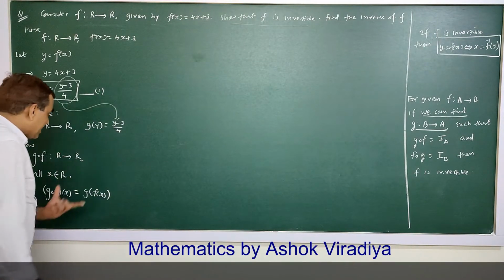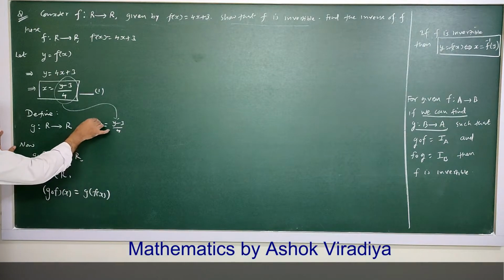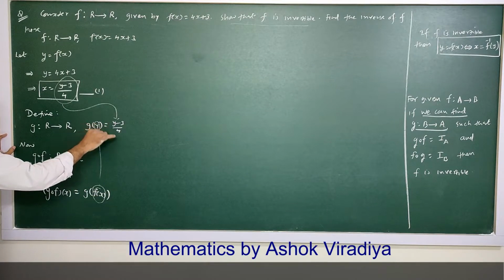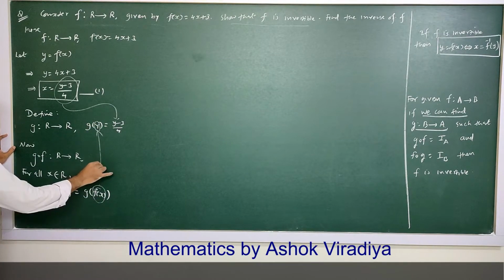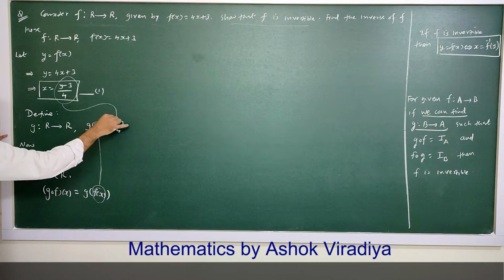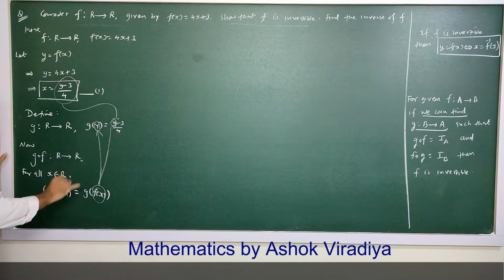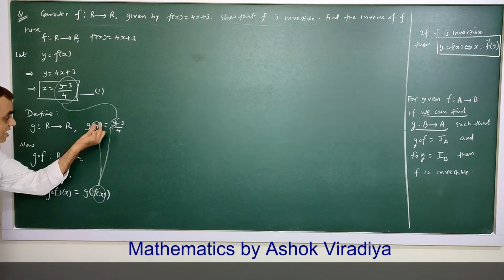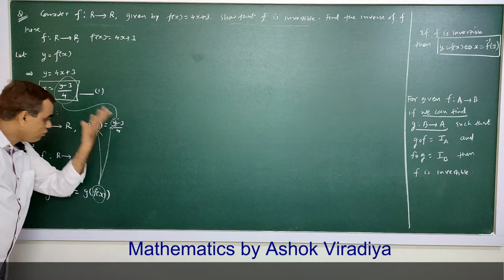G of f(x), so now here I will put f(x). Whatever number is here, the same number will come here. So g of f(x) is (f(x) minus 3) by 4.